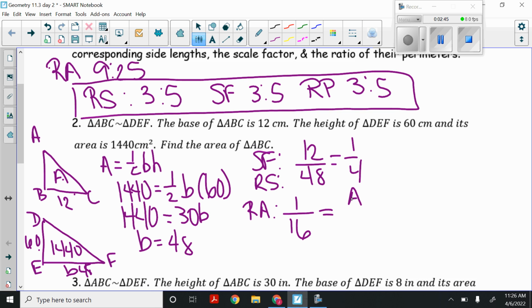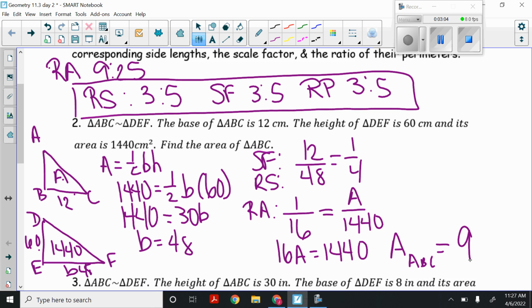I'm looking for this area over 1440, the area of triangle DEF. Cross multiply, I get 16a equals 1440. Divide by 16, so I get the area of triangle ABC is equal to 90 square centimeters.